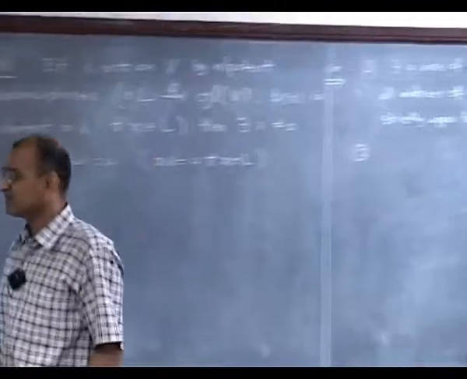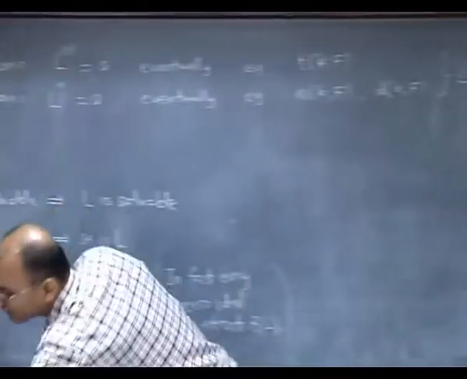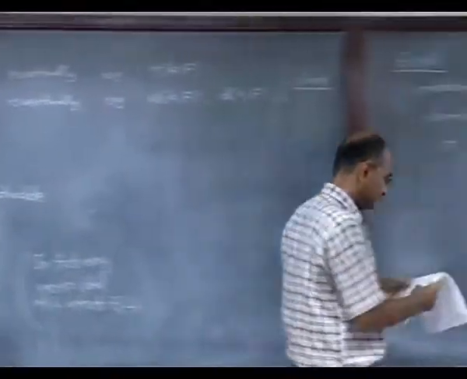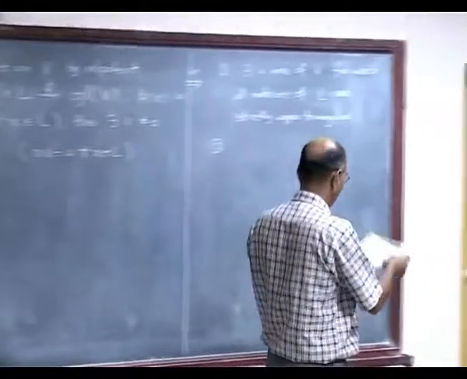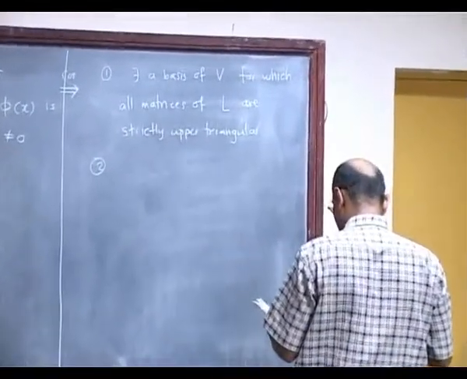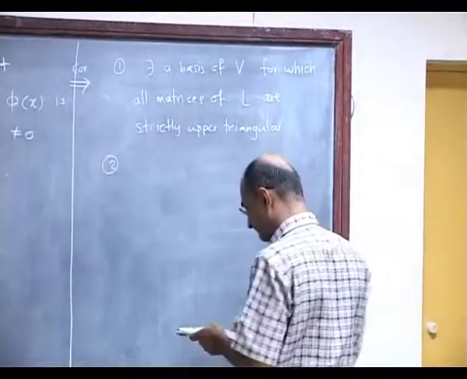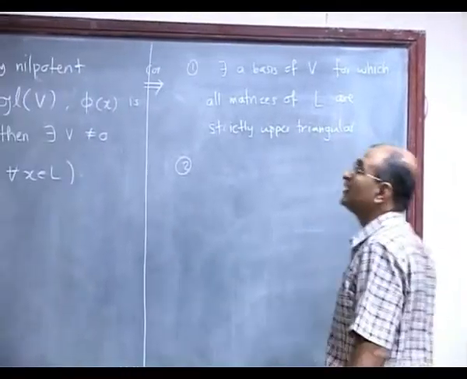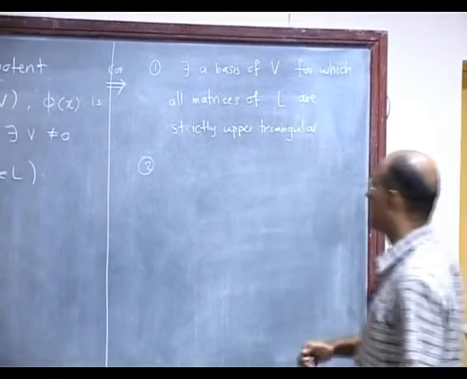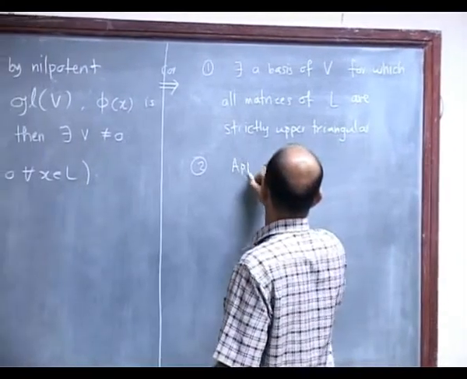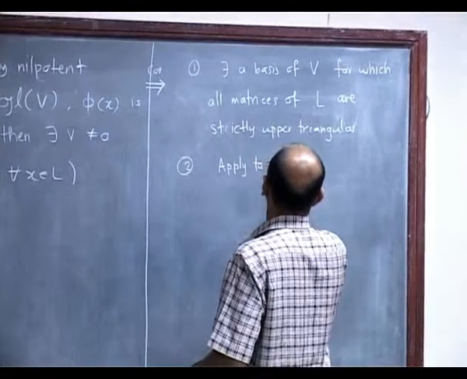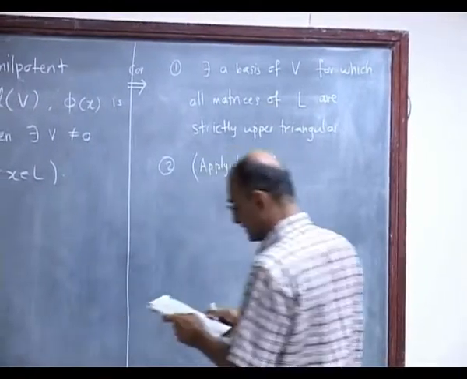The second one actually deduces nilpotency of L, by applying this to the ad action. So what does this say?